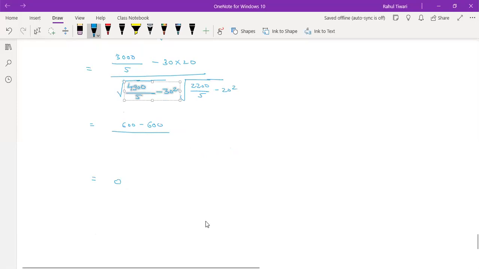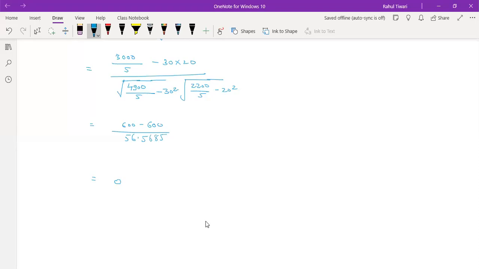So can you just tell me this value? What could be this value? Anyone calculate it? What could be the standard deviation of that part? 56.5685.